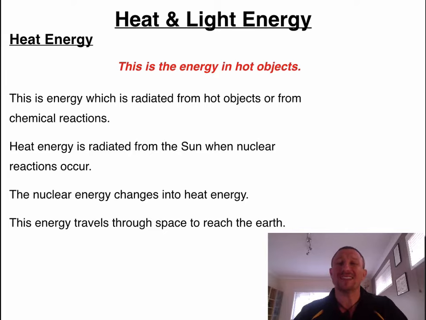Unfortunately, we don't want that to happen, but as a result it comes off and it's just released into the atmosphere. You take a light bulb, it gets hot. Now we want the electricity flowing through a light bulb to be converted 100% into light, but unfortunately it's not, so we lose some of that energy in the form of heat and it's radiated out. Okay, so heat really looks at the amount of energy which radiates from an object.